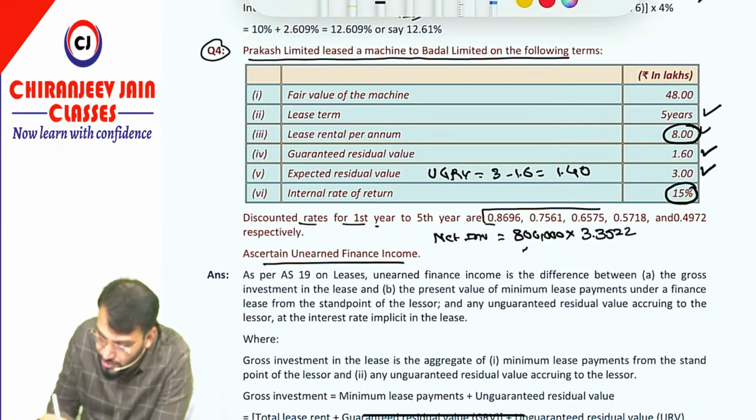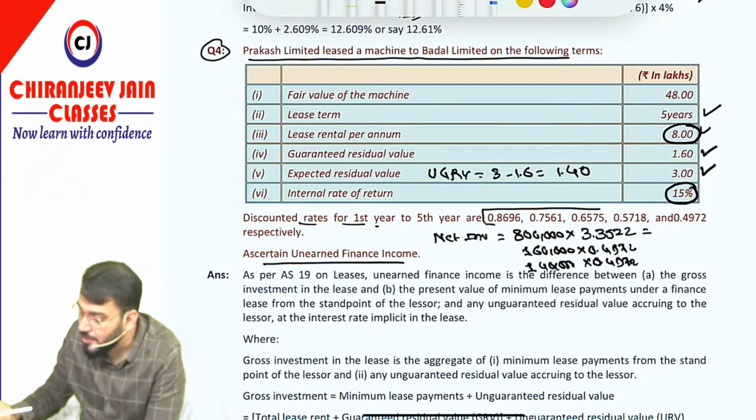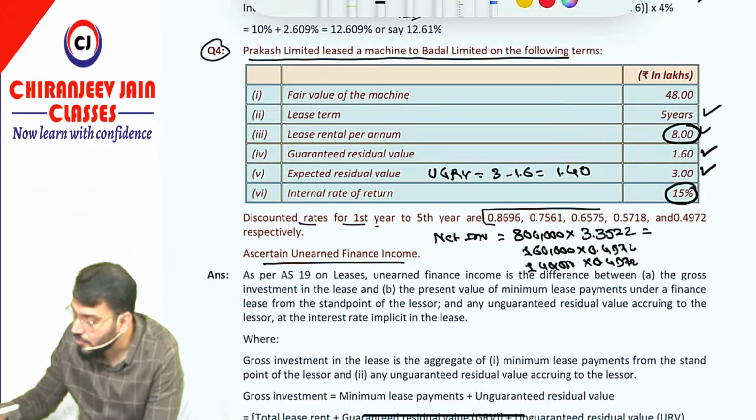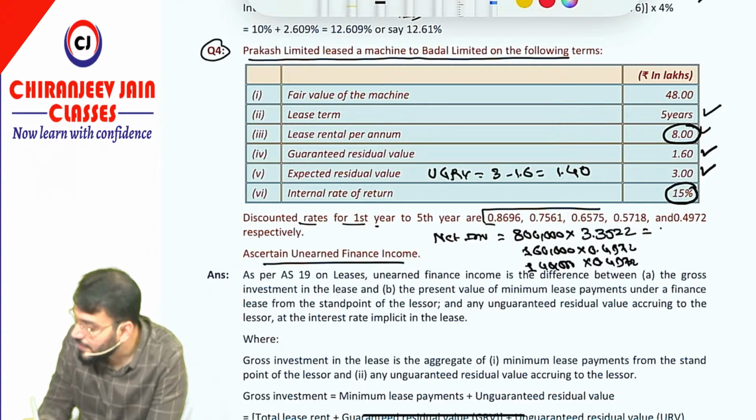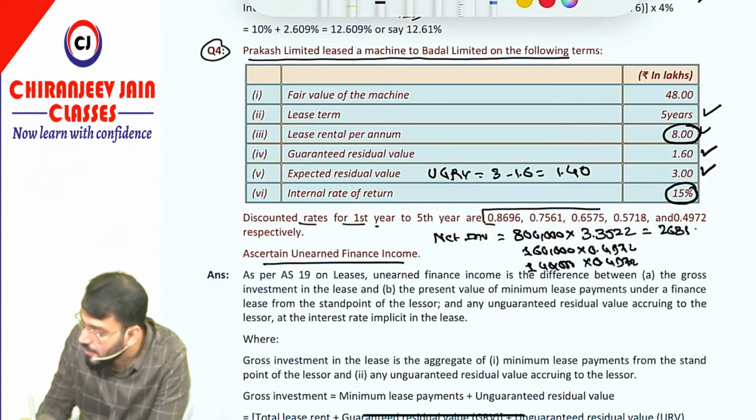Then GRB is 1.6, so 1,60,000 into 0.4972, and UGRB is 1,40,000, so 1,40,000 into 0.4972. If you solve it, how much is it coming? Into 8 lakh kar do isme. So this is coming 26,81,760. और ये कितना हो जाएगा?